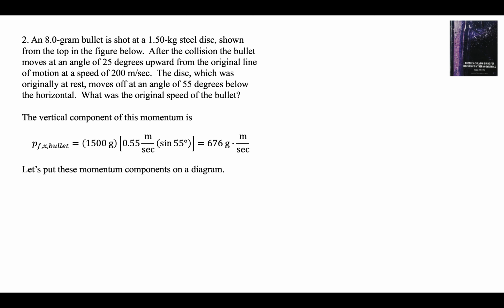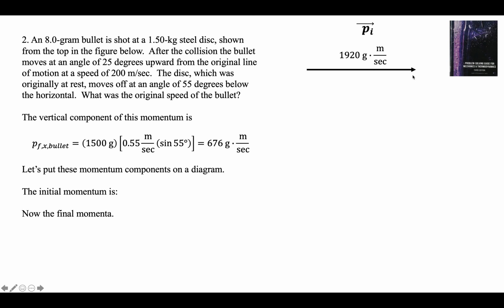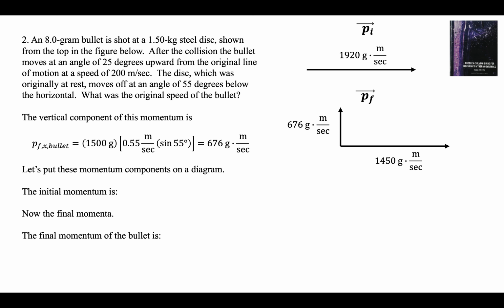So let's put these momentum vectors on a diagram. These are components of the vectors. There's the initial momentum. It's 1920, only the bullet. The final momentum has x and y components of each. Looking at just the bullet, we got 676 up and 1450 across. The disc is 470 across, 676 down.